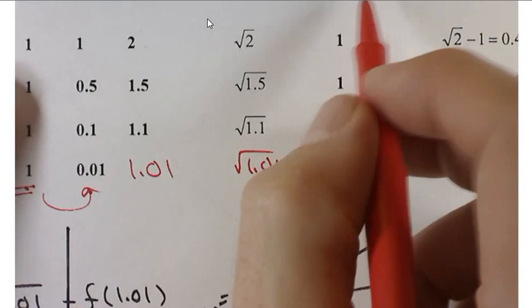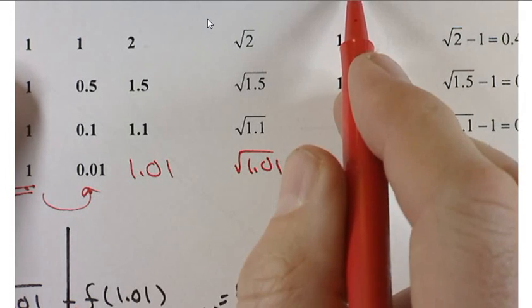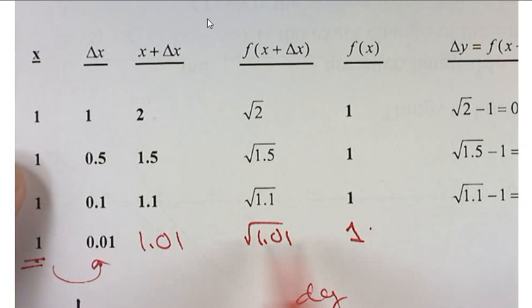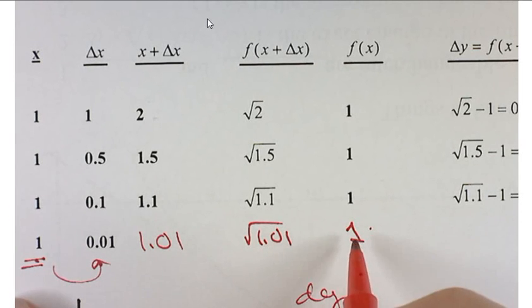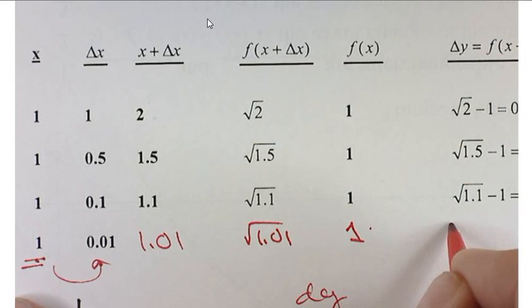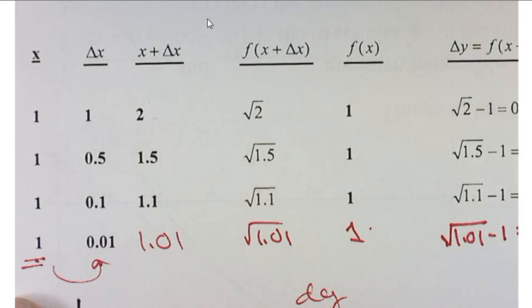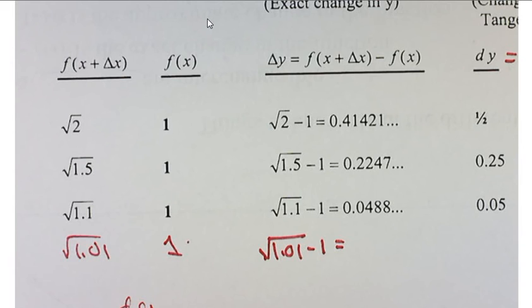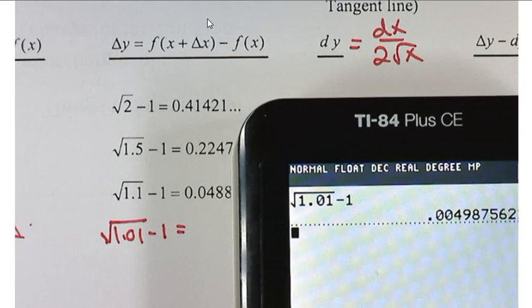Well, f of 1 is 1. The difference between the function at an old point and the function at a new point is my delta y. Square root of 1.01 minus 1. Let's figure that out. I get 0.00498.